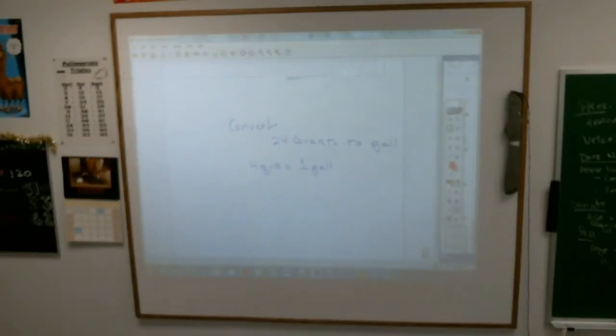Conversion fraction. I need to see the conversion fraction. Conversion fractions, you cannot go wrong.